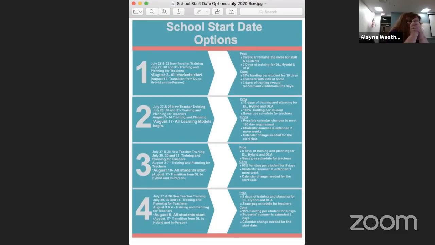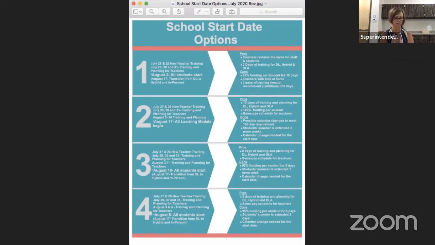Option 2 basically states that August 17th, which is the date as of now that the governor has stated that we could go back to in-person learning, so we would just move our start date to August 17th, where all models would begin. The pros are that we would have 13 days of training and planning. If all went well and we were able to have some in-person, we'd have that 100% funding for those kiddos.